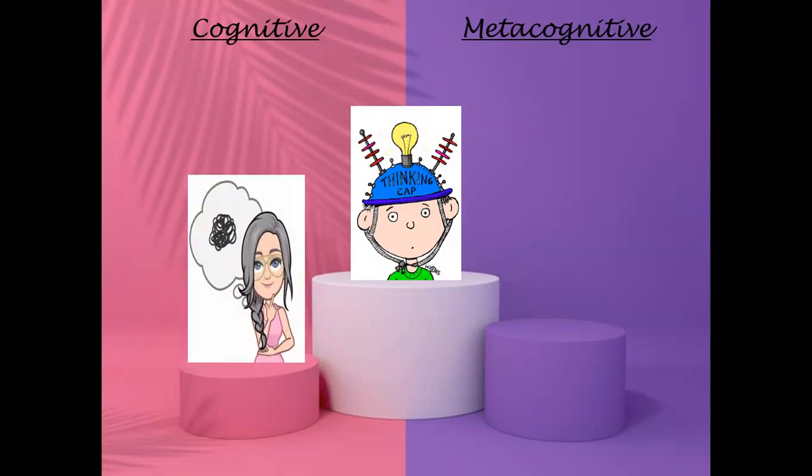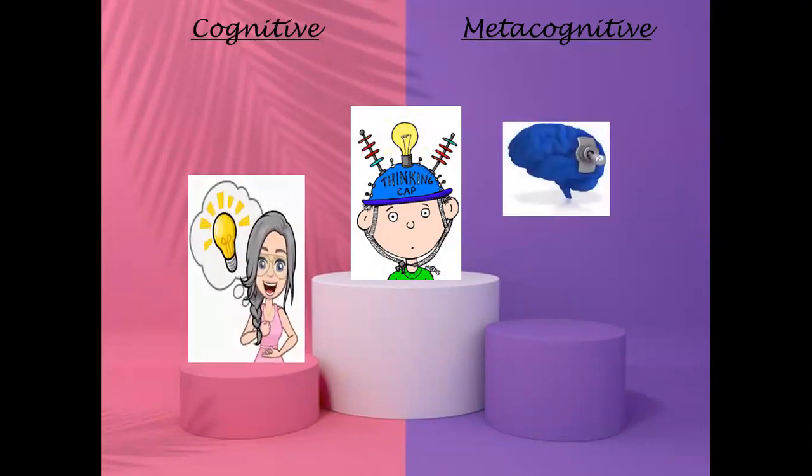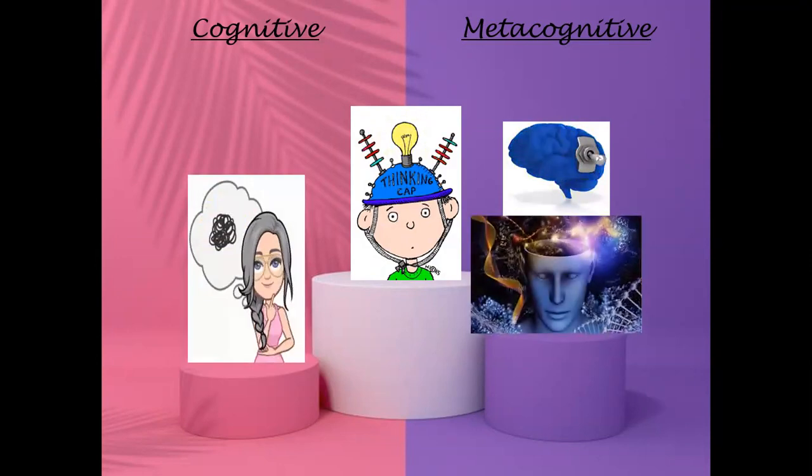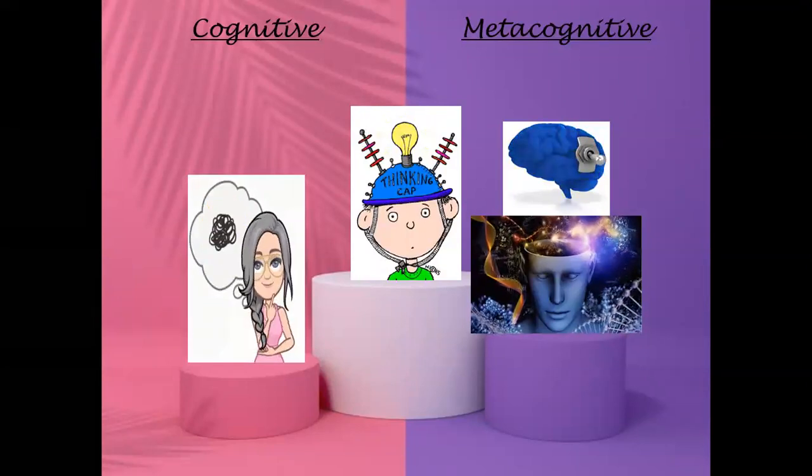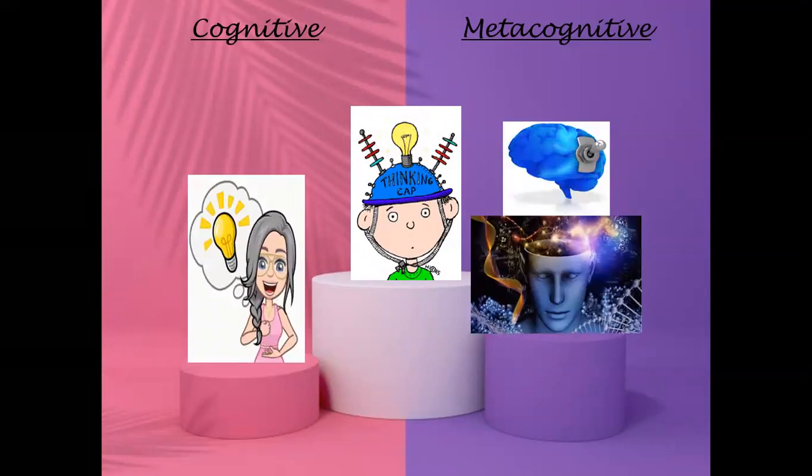But on the other hand, the metacognitive is like a switch in our mind that needs to be triggered to think critically, and then afterwards, you need to think beyond thinking. So the cognitive is just the start or the first move for your thinking cap.